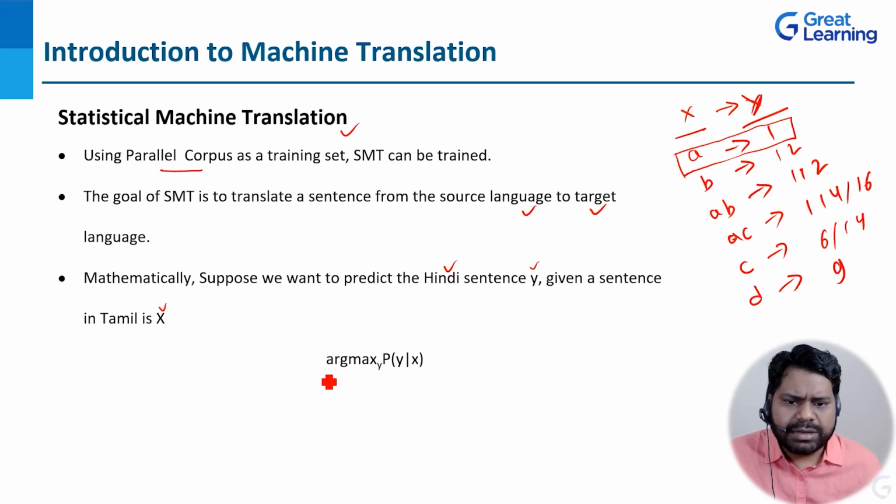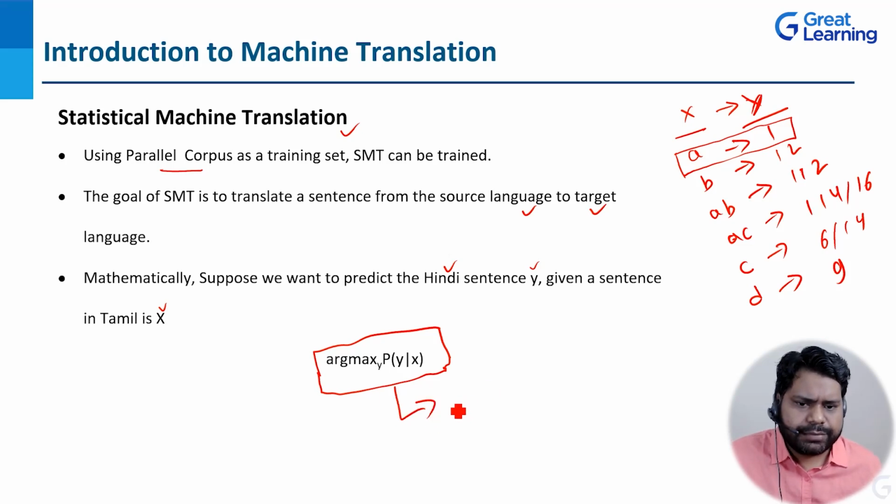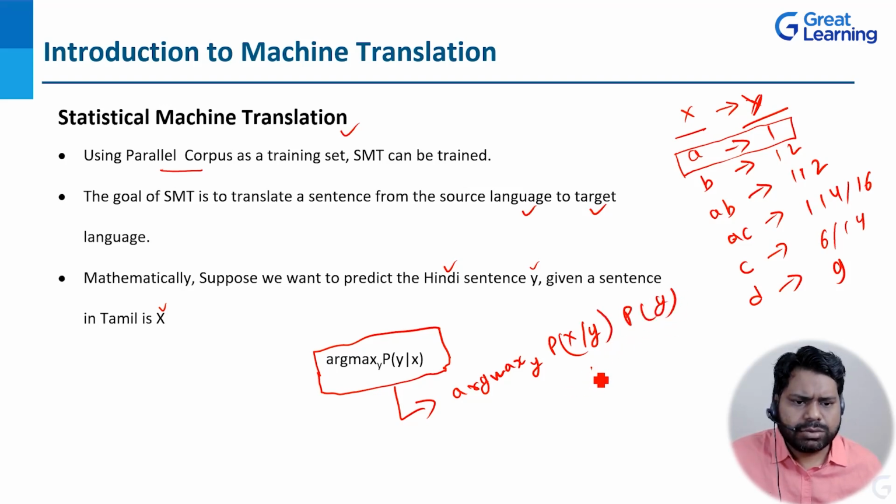So this will use a formula that is nothing but Bayes theorem. If we elaborate it, it will be arg max of Y, P of X given Y, and P of Y.